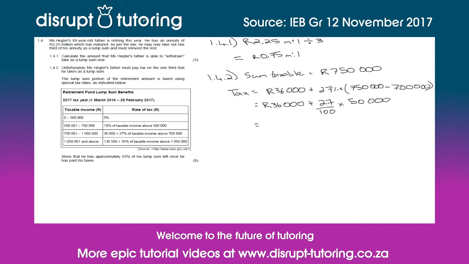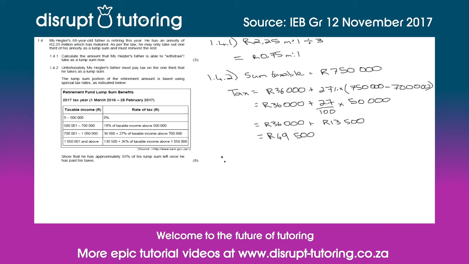So this is going to equal 36,000 plus 27% of 50,000, which is 13,500, and in your calculator it comes to 49,500. That is the tax he is going to have to pay.